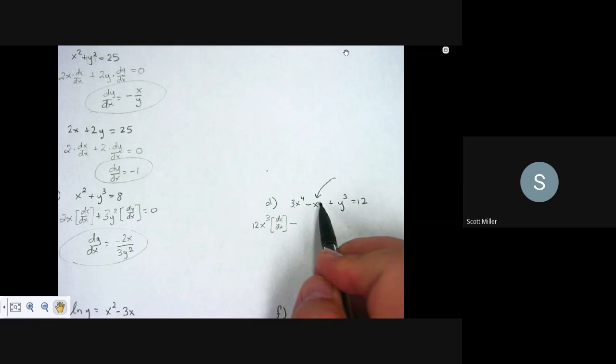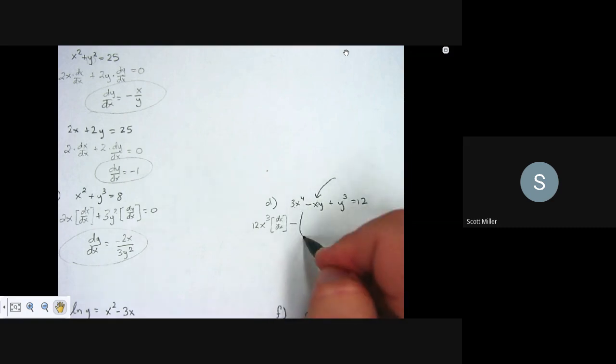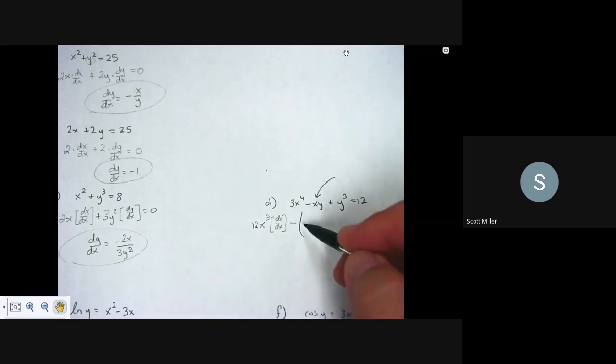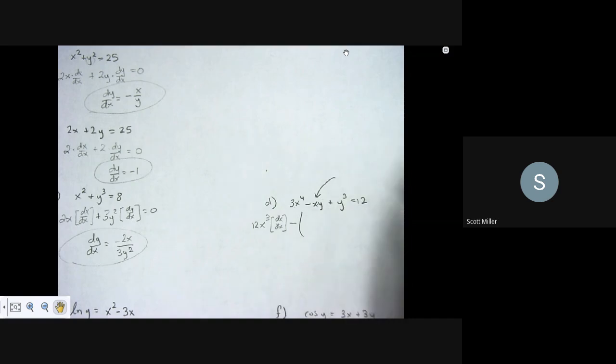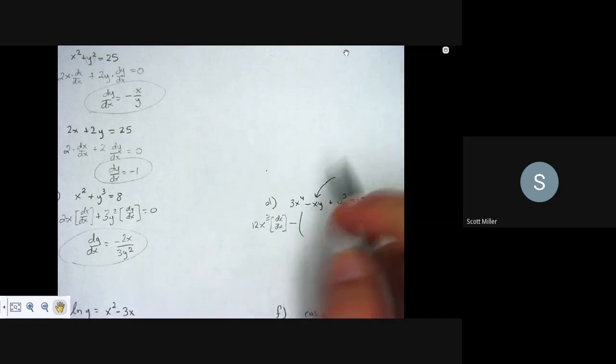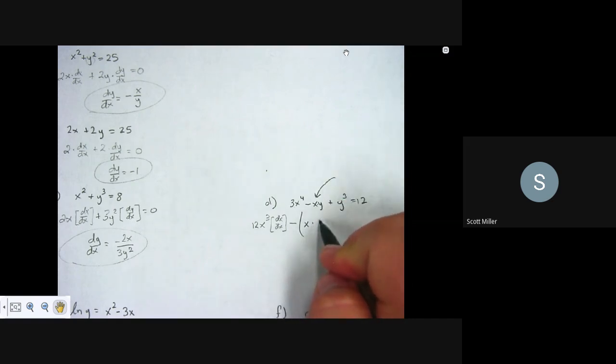Now, because this is a product rule, I'm going to do this in parentheses. I recommend highly that every time you do the product rule or any of those specialty rules, that you always use parentheses to set it apart. The product rule is the first times the derivative of the second plus the second times the derivative of the first.